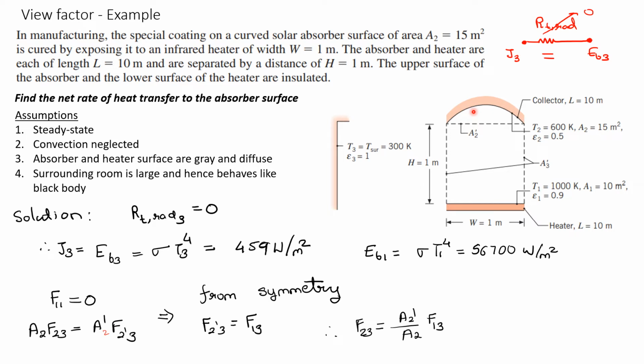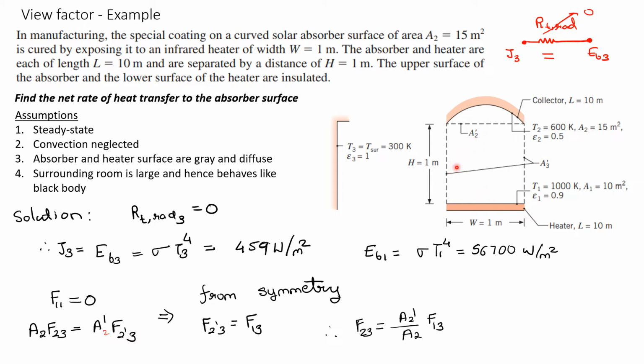From symmetry, we can say that F2 prime 3 will be equal to F13. So it's a simple square. So the view factor of this surface with respect to this surface will be equal to the view factor of this surface with respect to this surface.